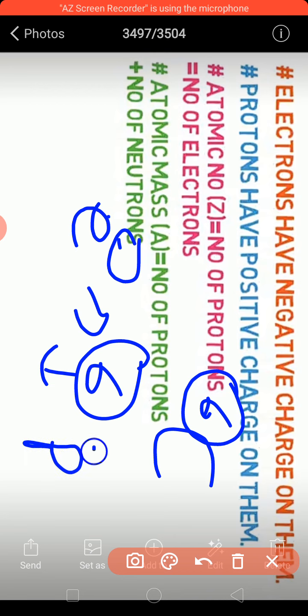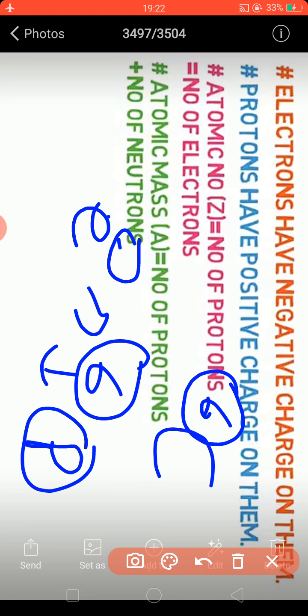So if they ask you the atomic number and the protons are given, it means the number of protons is equal to the number of electrons, and both are equal to the atomic number. You have to remember all these things, and that atomic number is represented by the symbol Z.